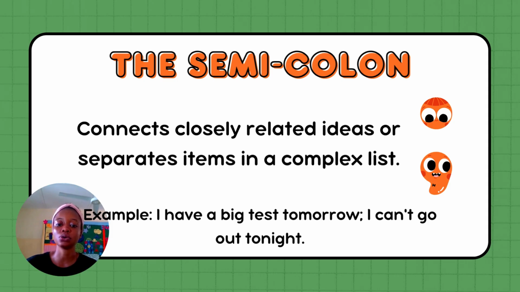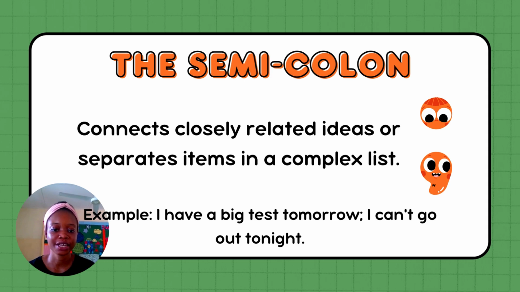Your colon has two dots, one up and one down, but your semicolon has a dot up and then a comma below. So that's the difference between your semicolon and your colon.